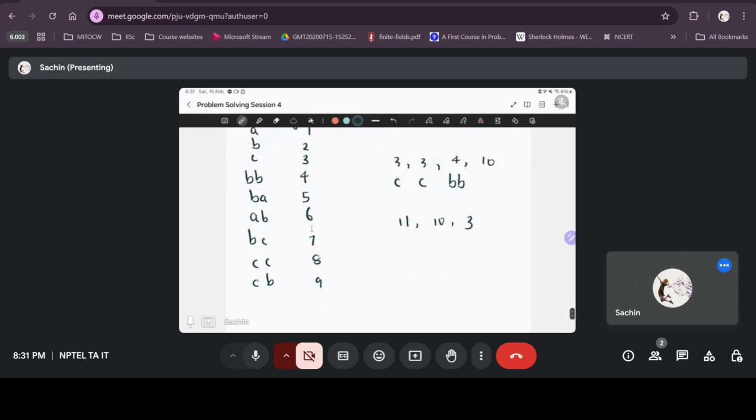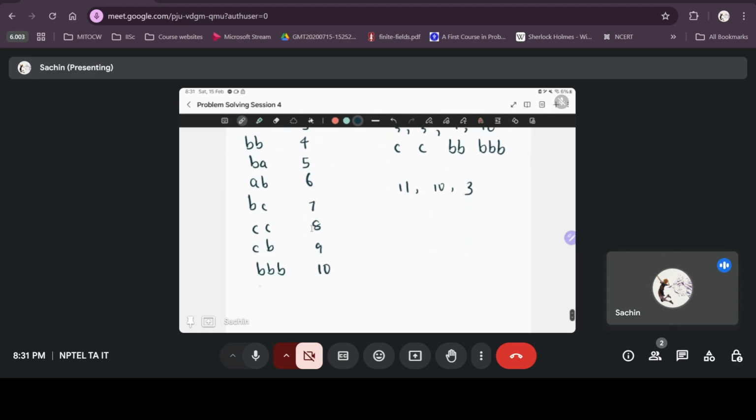then 10 is BBB, 11 is BBBB, 12th code word is.